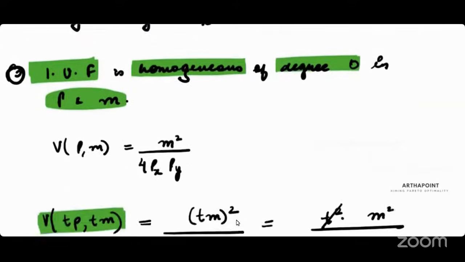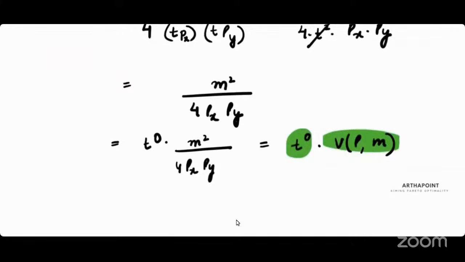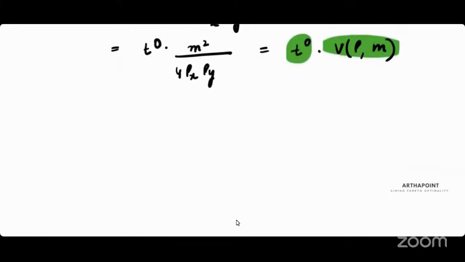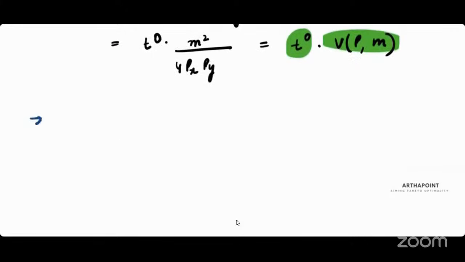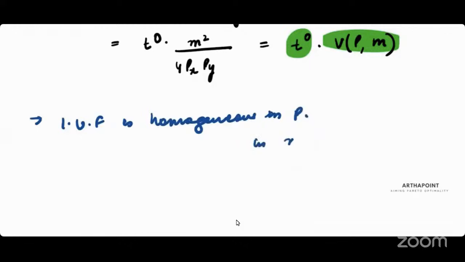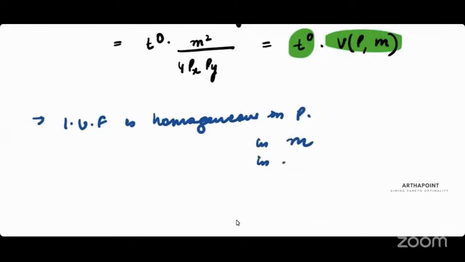This is tricky. In one of the papers of BSc entrance exam, there was a question which said that the indirect utility function is, and you have to tell the right statement, and it said it is homogeneous in prices. One said in income. One said in income and prices.